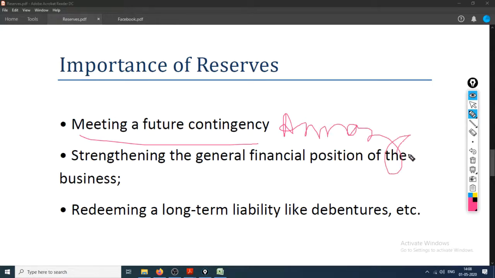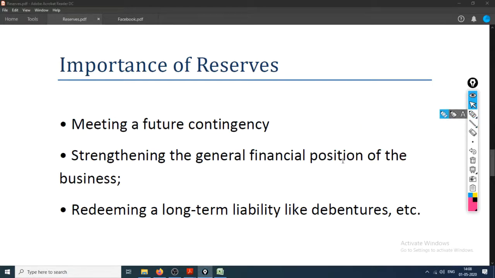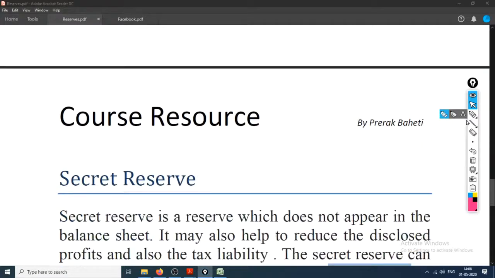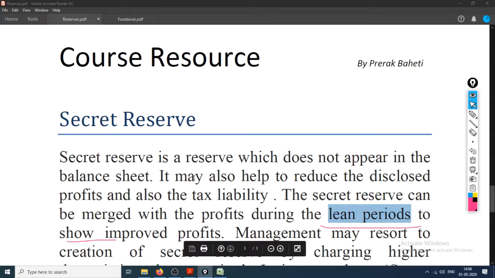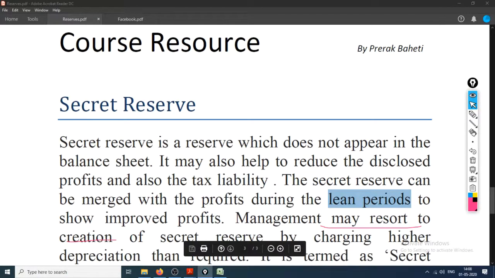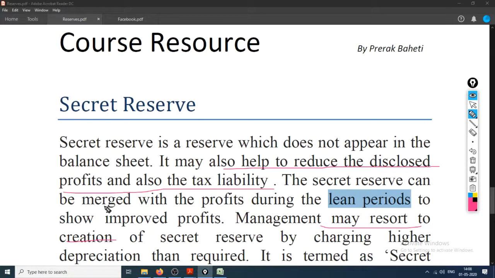Now what is secret reserve? Secret reserve, as the name suggests, is not shown in the balance sheet. Interesting. It may also help reduce the disclosed profits, also the tax liability, and then it can be merged when lean.